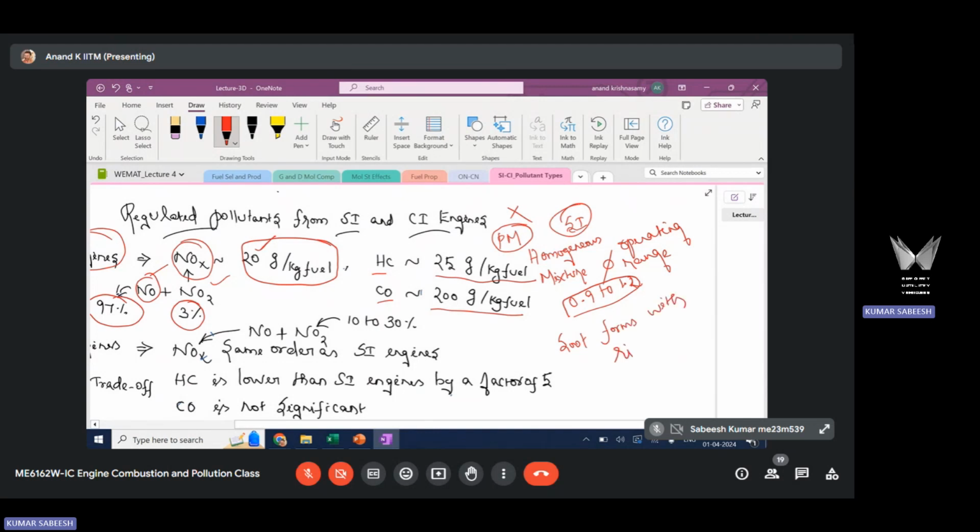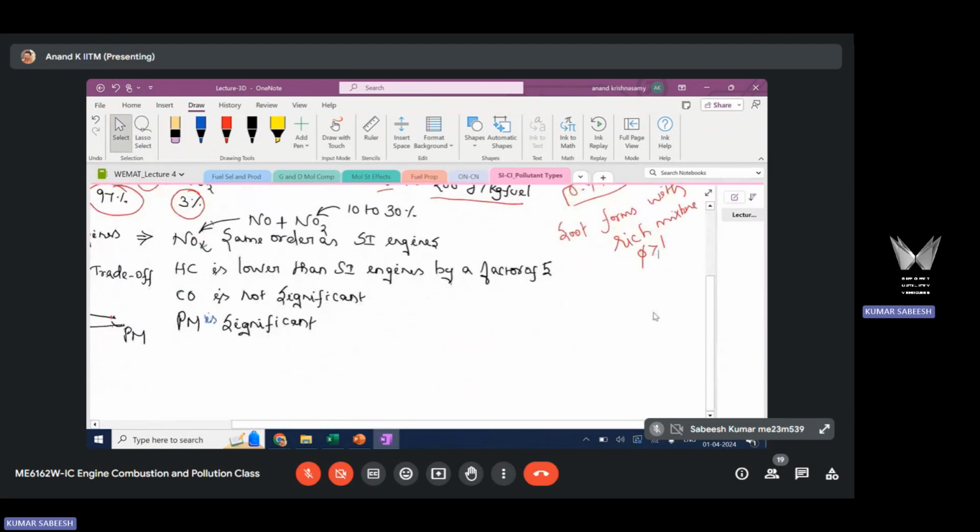What is a rich mixture? Phi greater than 1. When phi is very well higher than 1, in fact the typical range is around 2 to 4, this is the soot formation range.